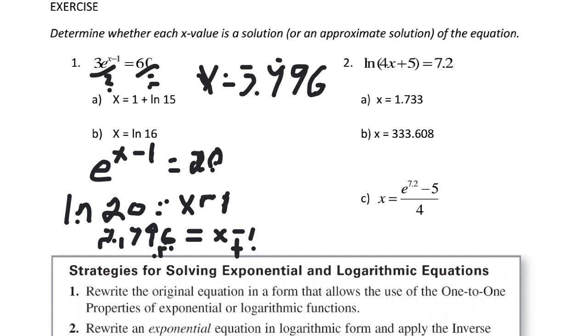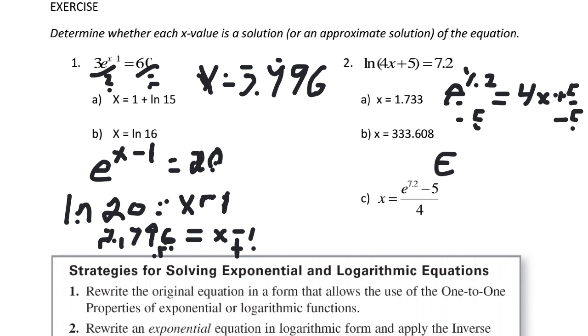Coming over here, we're going to change this to exponential form. We're going to make it e to the 7.2 equals 4x plus 5. Subtract 5. And I get e to the 7.2 minus 5 equals 4x, and divide by 4.